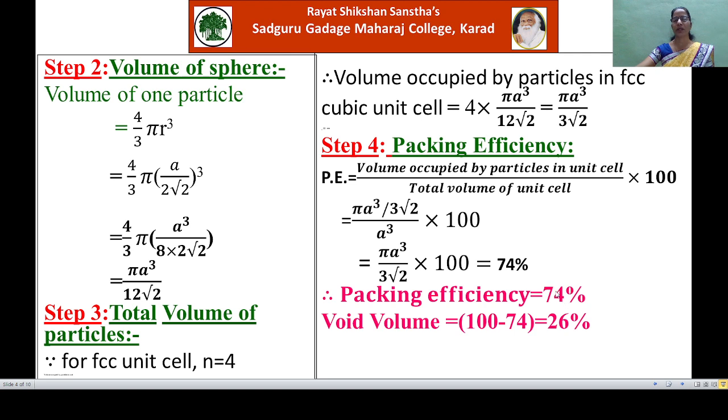That is, we can conclude that the particles in face-centered cubic lattice are more closely packed than the particles in simple cubic or body-centered cubic lattice. That is, the most efficient packing is the face-centered cubic close packing.